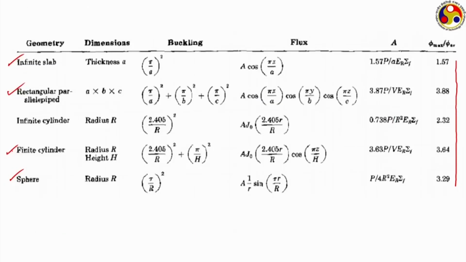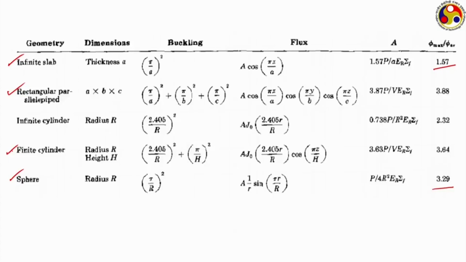That is because of a large difference between the maximum and average value of this neutron flux. 1.57 was the value for the infinite slab which we have derived already, but the same number for the finite sphere comes to be greater than 3, and for several other geometries as well.